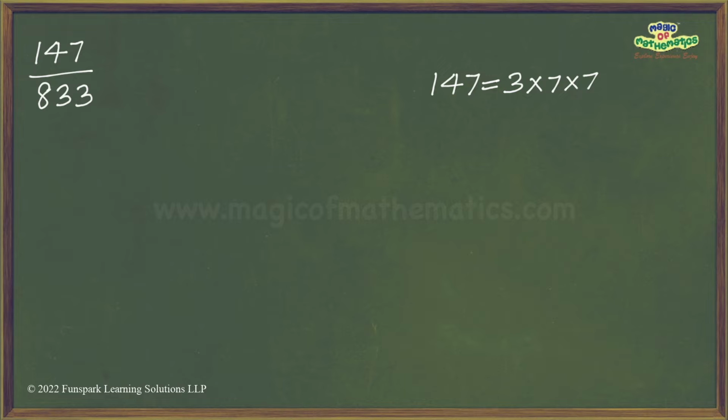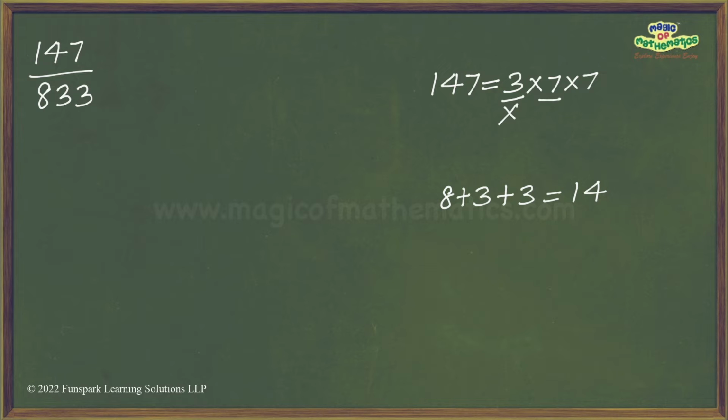All we need to do now is to check if 833 is divisible by 3 or 7 or both. Let us first check for 3. 8 plus 3 plus 3 equals 14, which is not divisible by 3. So 833 is also not divisible by 3. So 3 is ruled out. We need to check for 7 now.